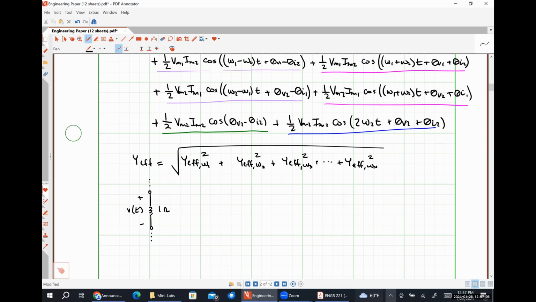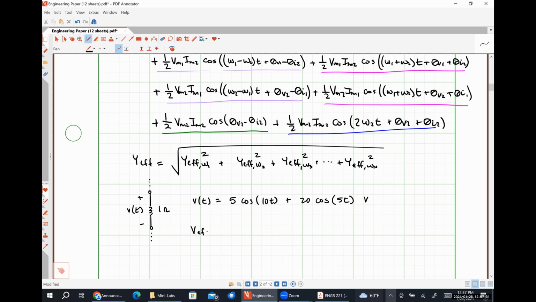This is my voltage V of t across this resistor. And let's say that V of t is equal to 5 cosine 10t plus 20 cosine 5t volts.